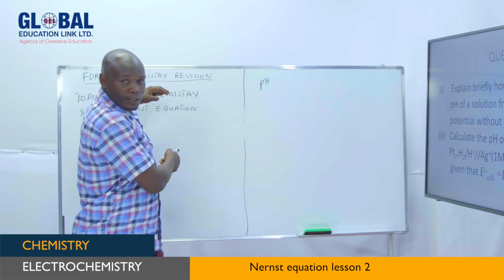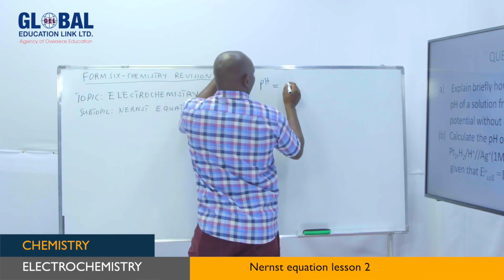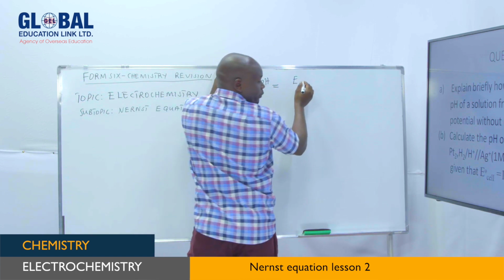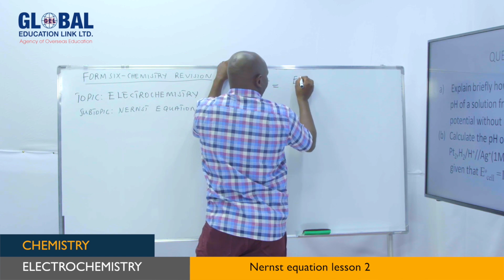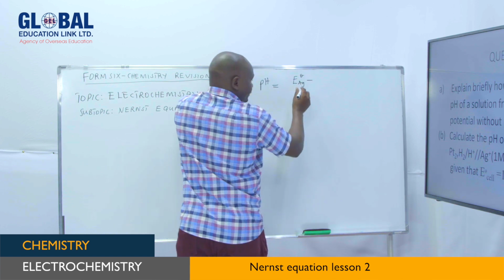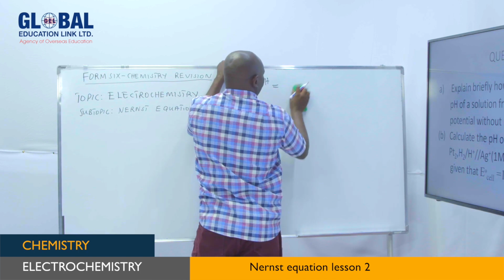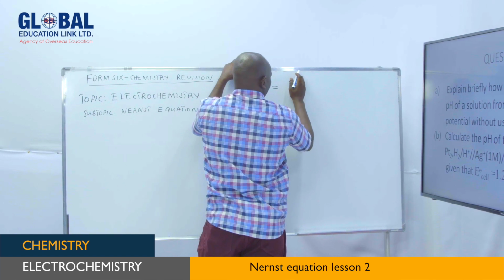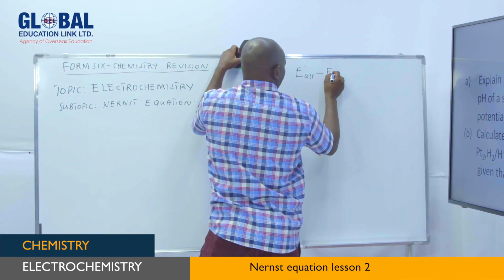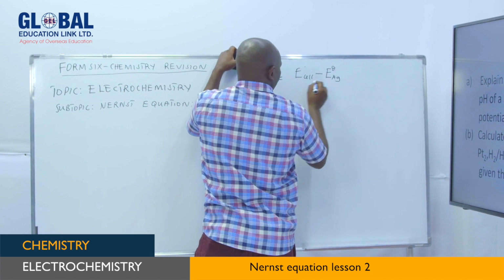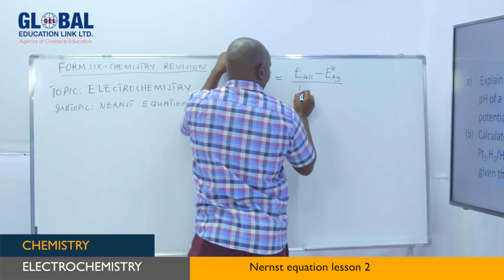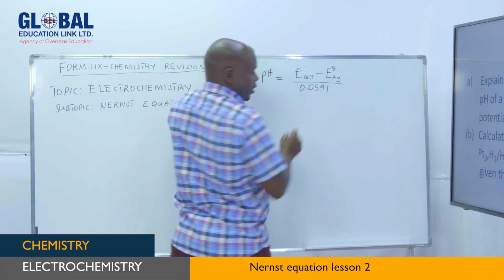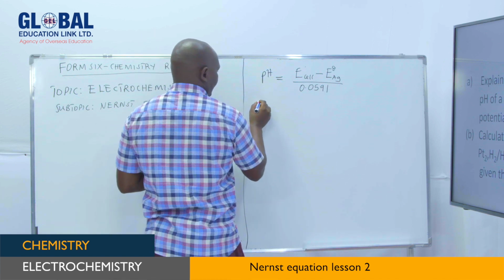But since we have derived it here, the pH is equal to a constant: E of the cell minus standard electrode potential of silver, then divided by 0.0591.